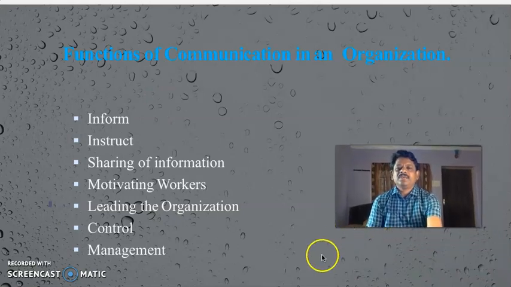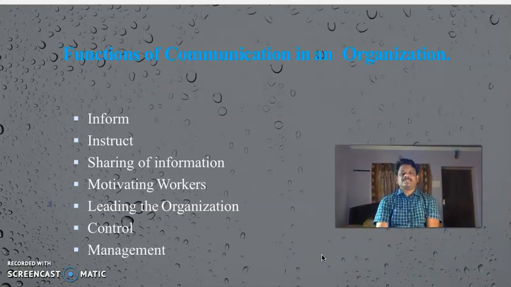If you see the functions of communication in an organization, how does communication appear in the organizational setup? It is something related to informing others.